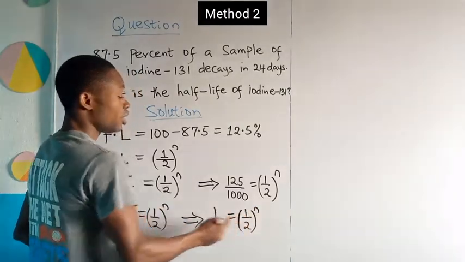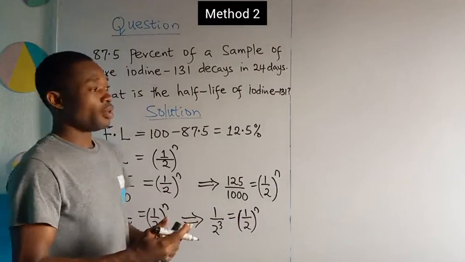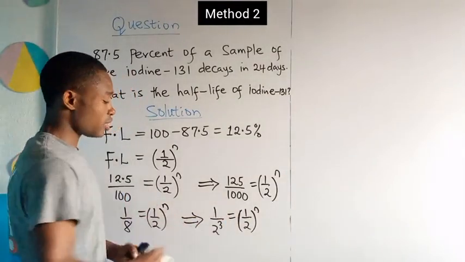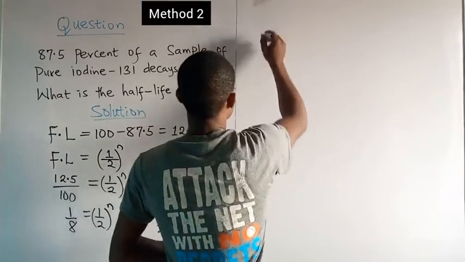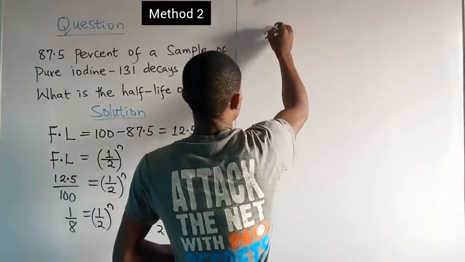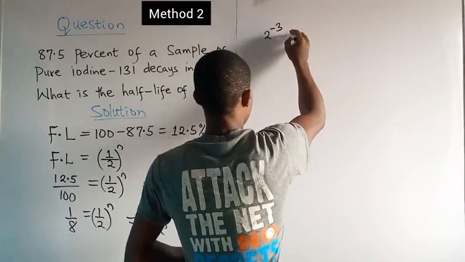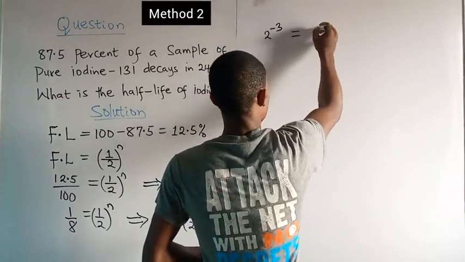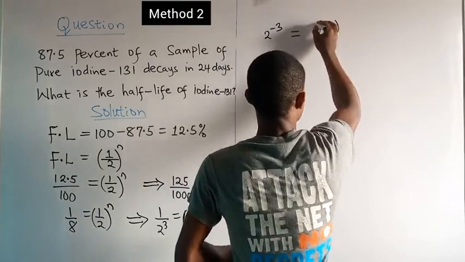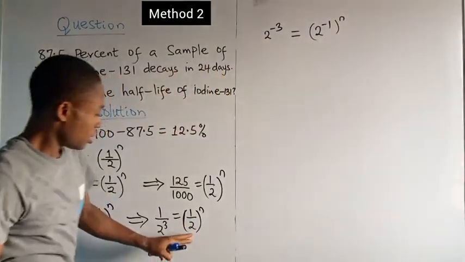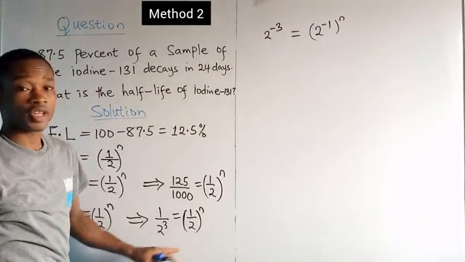Essentially, we are doing the similar thing we did in method 1 from this stage. 2 to the power of minus 3 equal to 2 to the power of minus 1 in brackets, then power n. I've applied the negative index law to them.